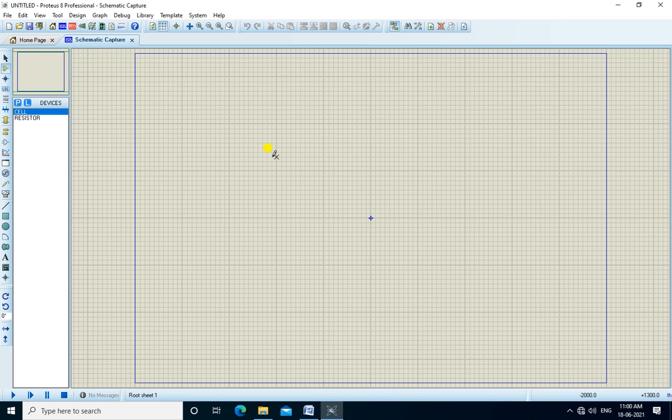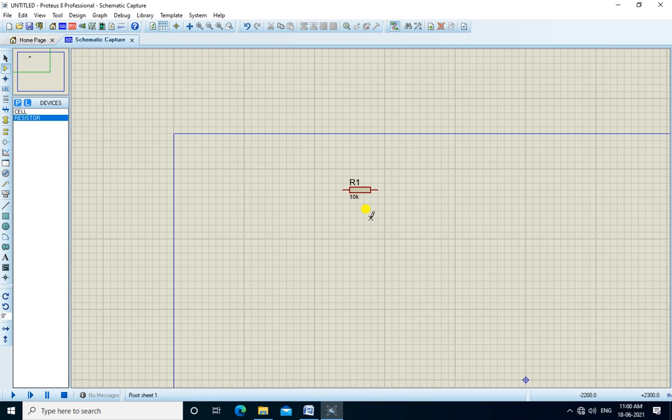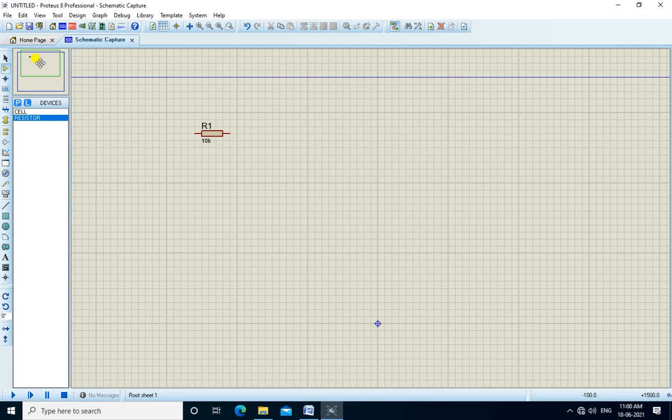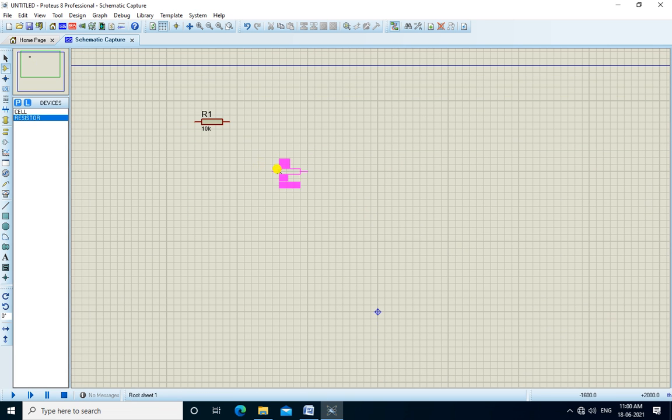Okay, now we place all the components: R1, R2, R3 and RL, then the DC power supply, that is a cell.